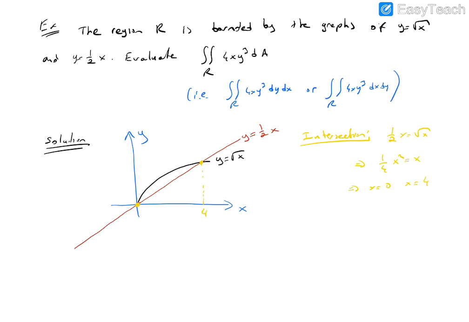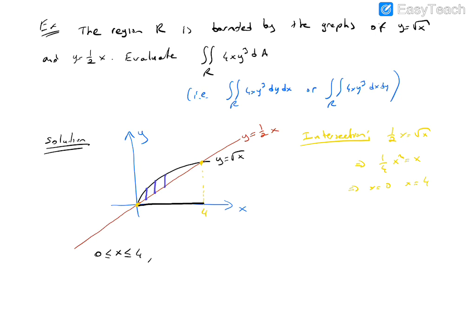So now we should interpret this region as a regular x region and a regular y region. First, let's write the regular x region. X changes from 0 to 4. While x is changing from 0 to 4, how does y change? By using vertical lines, you can decide. Y changes from the red line to the black curve.